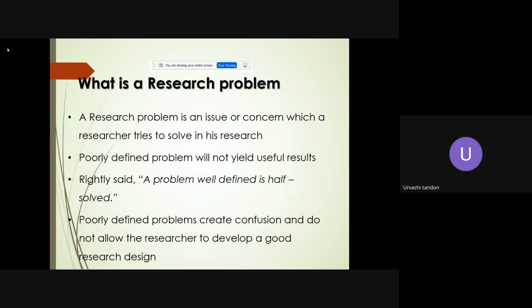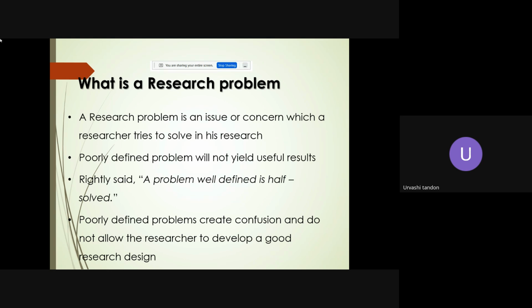So what is a research problem? It is an issue or a concern which a researcher tries to solve in his research, right? And a poorly defined problem does not lead to useful results. So again, I'll go back to the story of the seahorse, because he knew that fortune lies within himself.